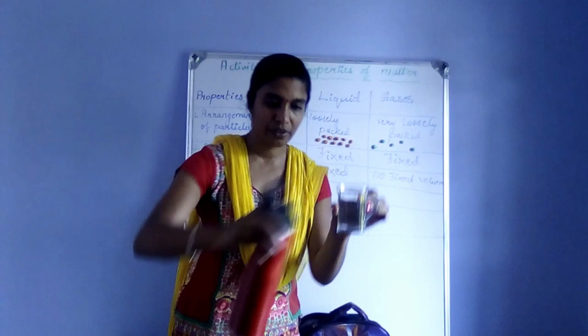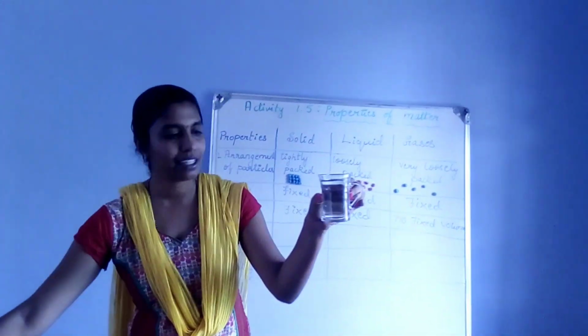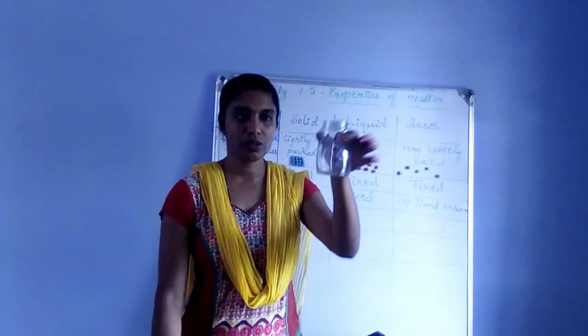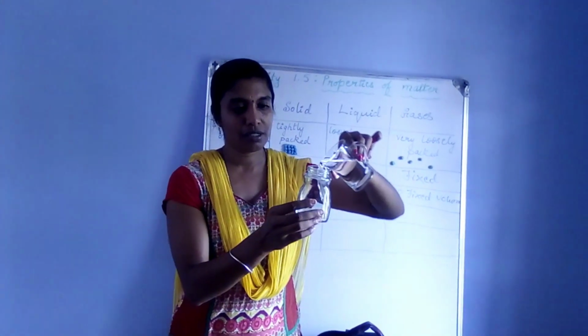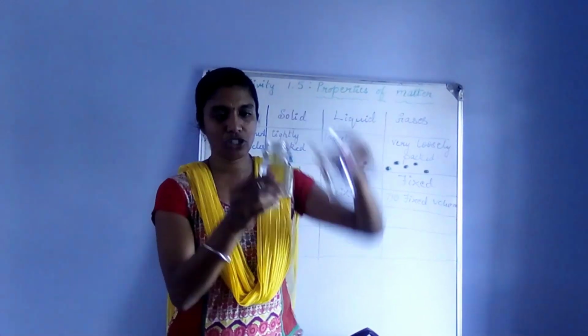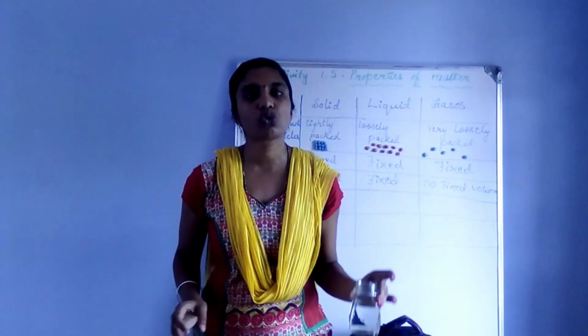Can you see? I have taken water. If I pour the same liquid into this shaped bottle, it takes the shape of the bottle which is in a different shape. Can you see? So this shows that liquids do not have definite shape.